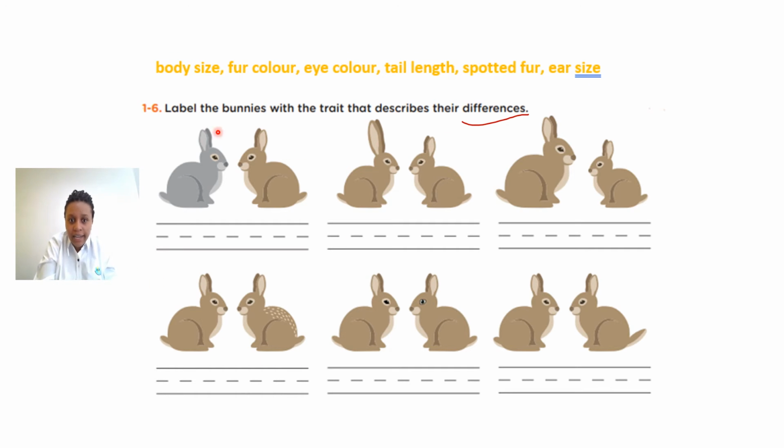Okay, so let's look at number 1. Okay, so what do you spot? Is the body size the same? Yes. Is the fur color the same? No. Okay, so here we have a gray bunny and here we have a brown bunny. So that is definitely a difference.